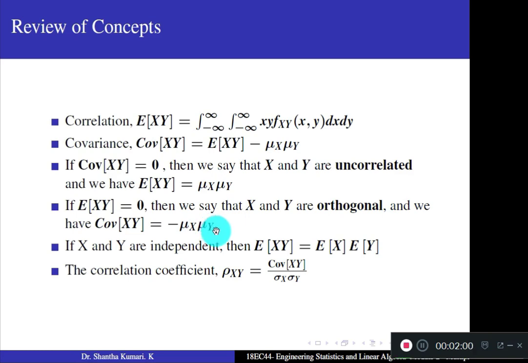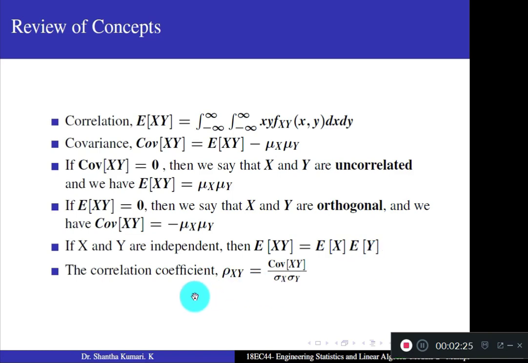If x and y are independent random variables, then expectation of x into y will be equal to expectation of x into expectation of y. So remember, independent means expectation of xy equals expectation of x into expectation of y.